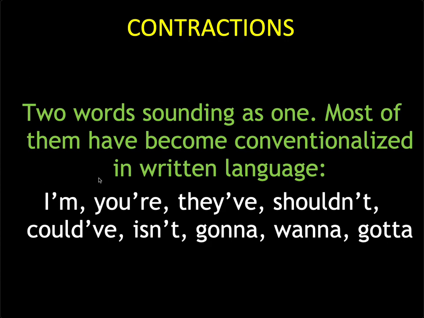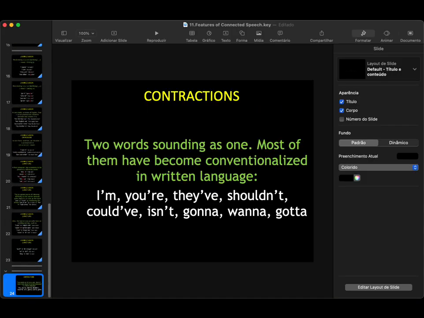So I am is commonly pronounced I'm, and even written like this: you are, you're, they have, they've, should not, shouldn't, could have, could've, is not, isn't, and some more informal ones as gonna for going to, wanna for want to, and gotta for got to. Okay, so that's it.